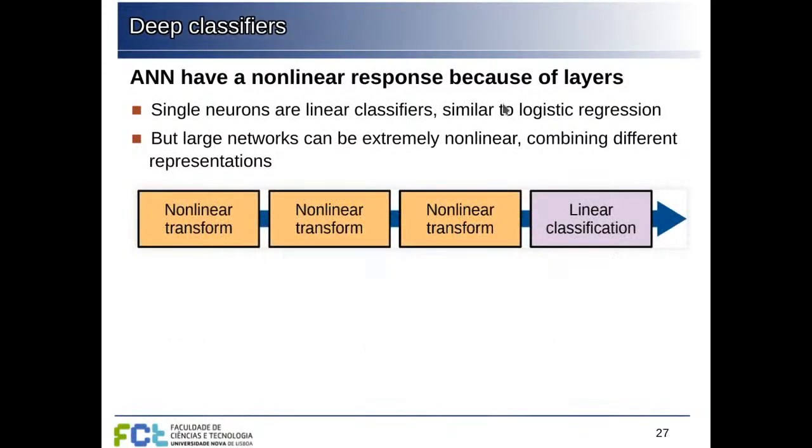So we can think of this as a series of nonlinear transformations followed by a simple linear classifier, which will be the last neuron on the network that is giving us the output.